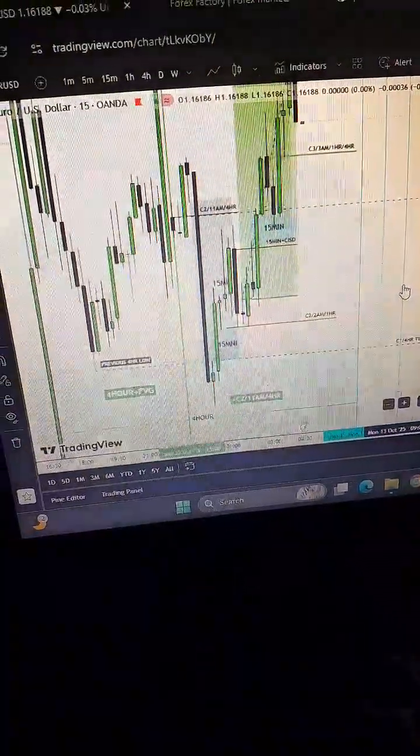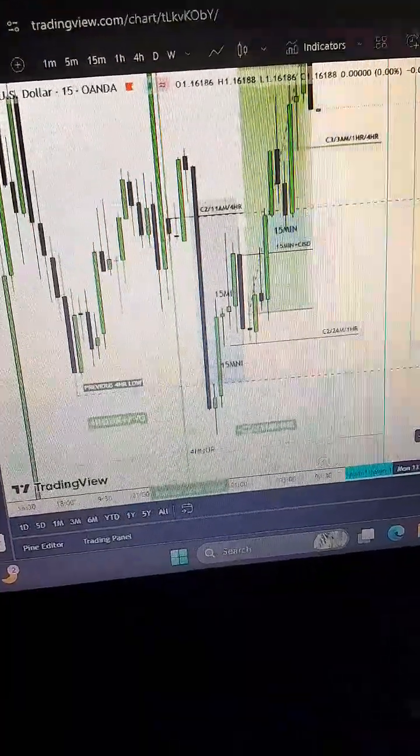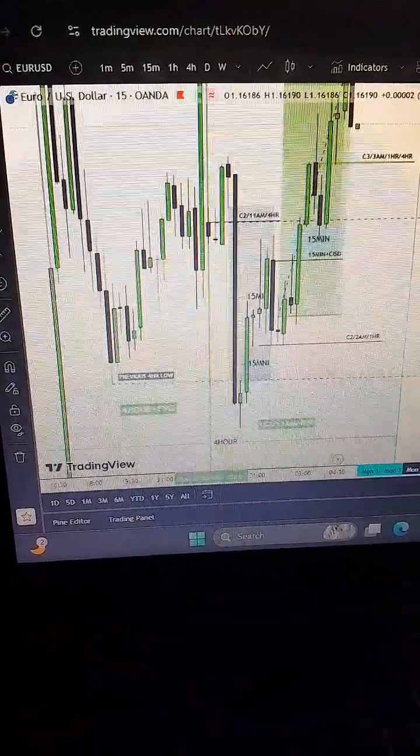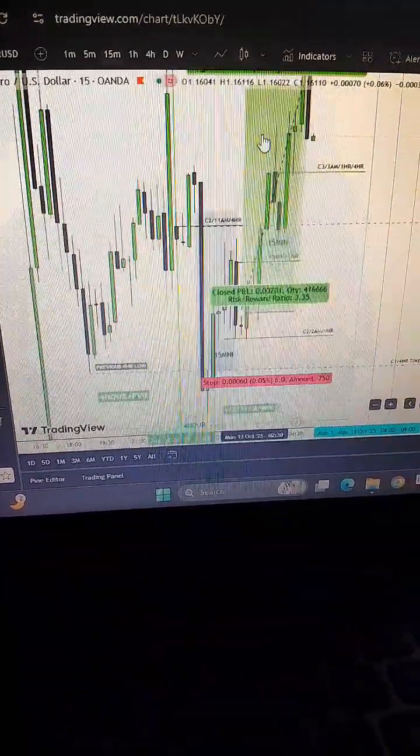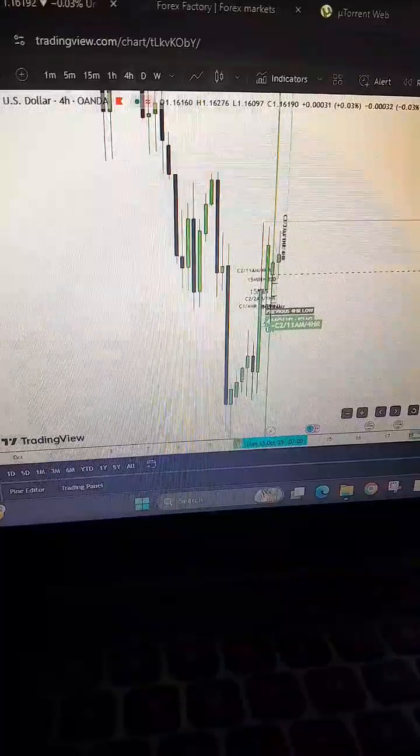So technically you can say there are two SMTs, but it was a cracking correlation, and I wouldn't really say it was SMT because it wasn't really a failure swing, even though I do consider equal highs or equal lows failure swings as well. But anyway, just to get into the basics of this trade.